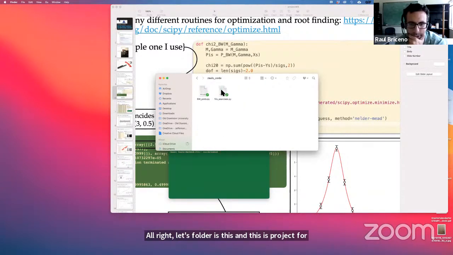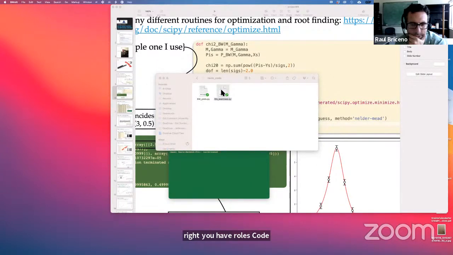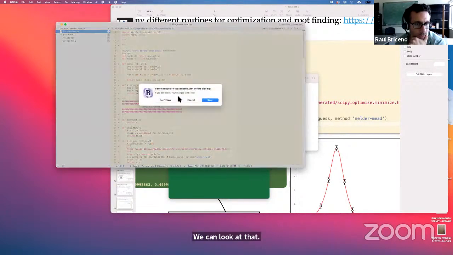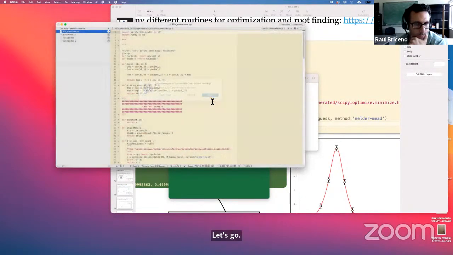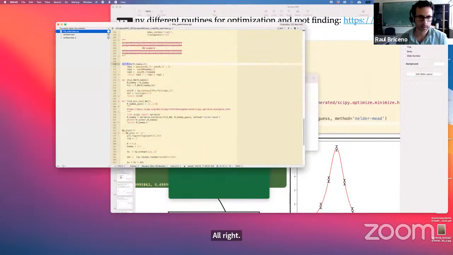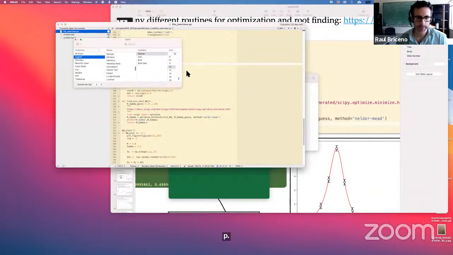You have Raul's code, fit exercises. So we can look at that. Let's close this. Save. All right.